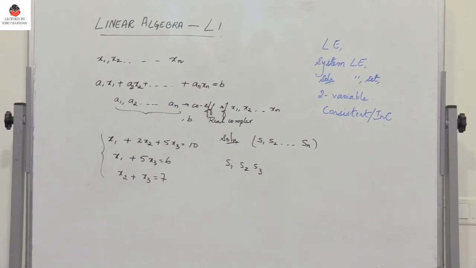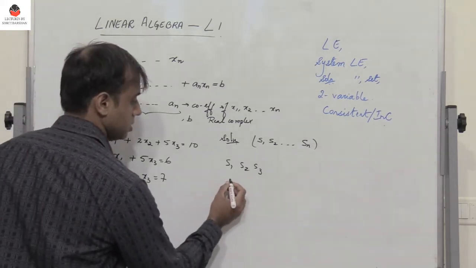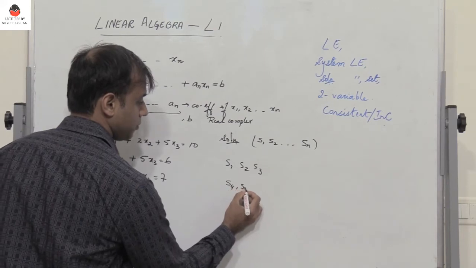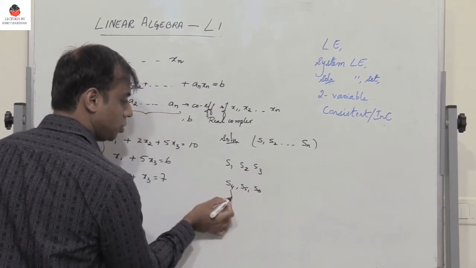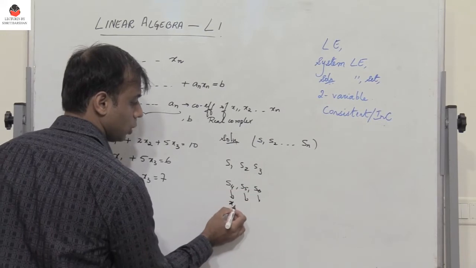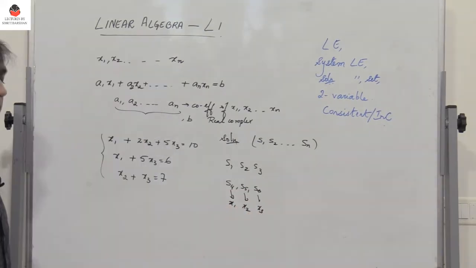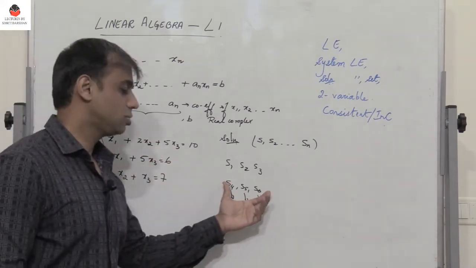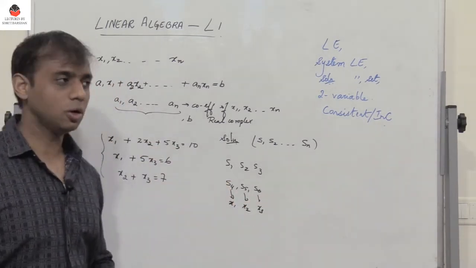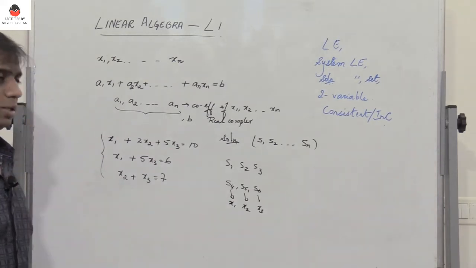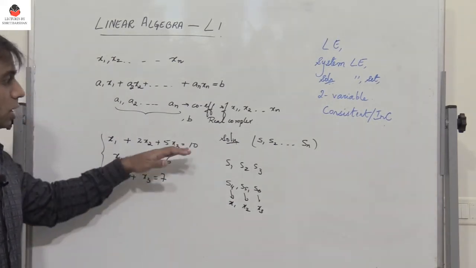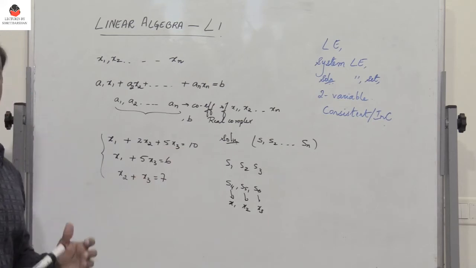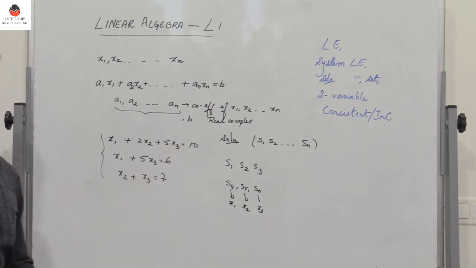Now the question is, can you have only one solution? You may have many solutions. I may have another set of numbers, say s4, s5, s6, and when I substitute these values in x1, x2, x3, if the LHS becomes equal to RHS, then even these three numbers would be a solution of the system of linear equations. So you may not have just one solution, but many solutions.